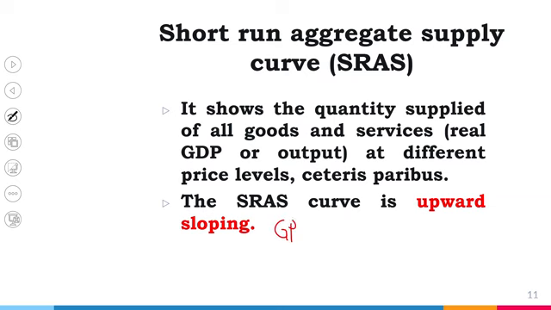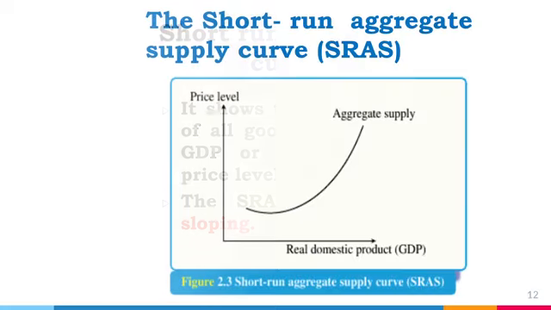That means as the general price level increases, then the real GDP quantity supplied, or the aggregate quantity supplied, will increase, and with the fall in the general price level, then the quantity supplied of real GDP, or the aggregate supply, will decline. So due to this direct relationship between the general price level and the real GDP quantity supplied, the slope of the short run aggregate supply curve is positive, or there is a direct relationship between general price and aggregate supply.